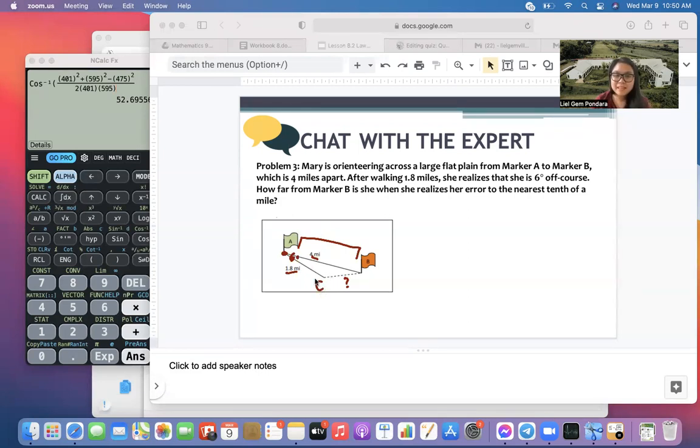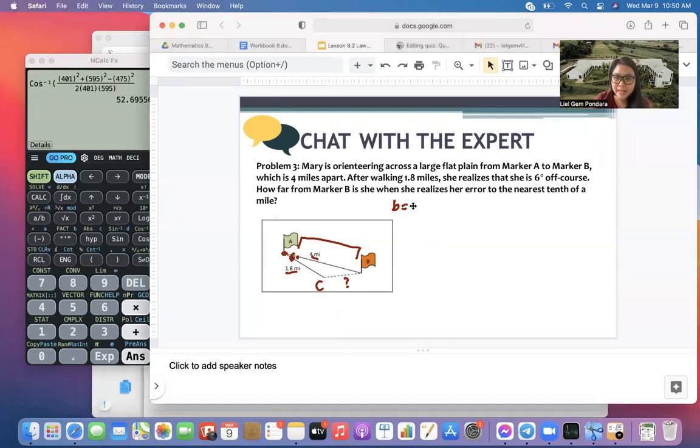So with that, can you share with me what is the length of our side B? What's the length of our side B? Anyone? Can you tell me what's the length of our side B? Very good.